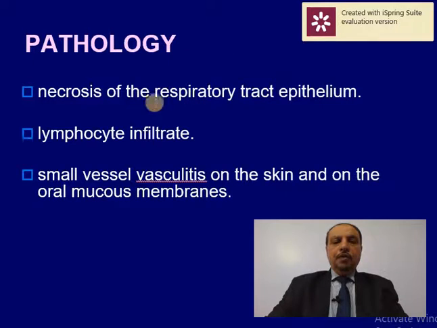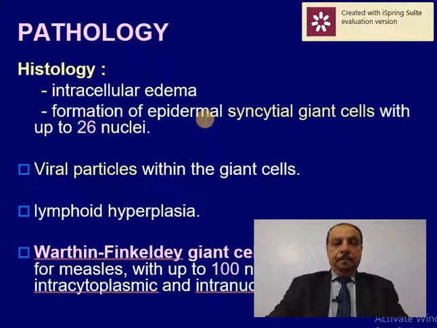Regarding the pathology of measles, there will be necrosis of the respiratory tract epithelium, lymphocyte infiltrate, and vasculitis in small blood vessels of the skin and oral mucous membranes, as we will see in the clinical picture. In the histology of measles infection, there will be intracellular edema and formation of epithelial syncytial giant cells with up to 26 nuclei.